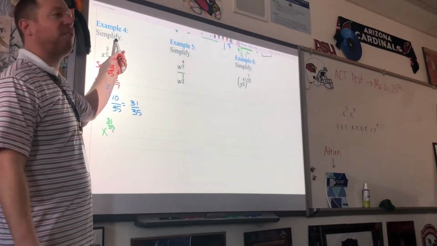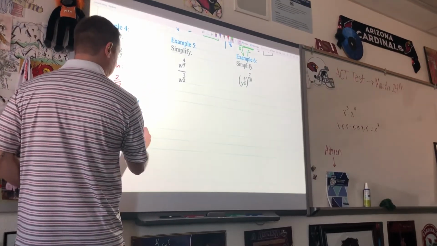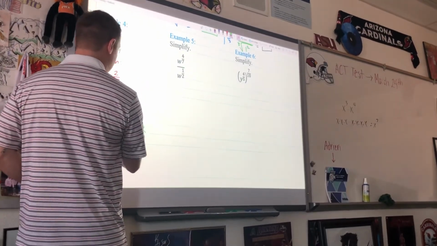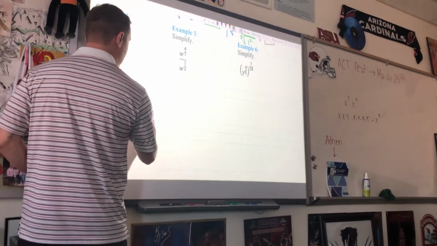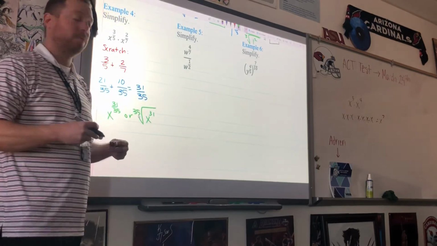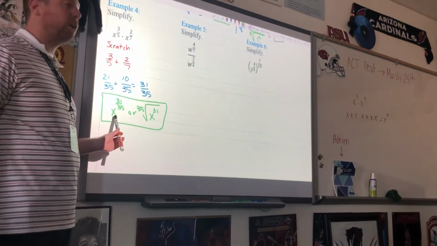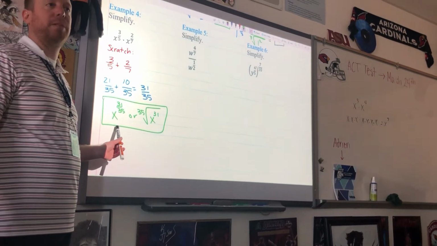I would say simplify and write your answer in radical form. If I did that, you would have to switch it to be a base of x gets an exponent of 31, and then there is the 35th root. Okay, so both of these are the same thing. They're both correct. Just know that Alex wants the exponential form as the answer.